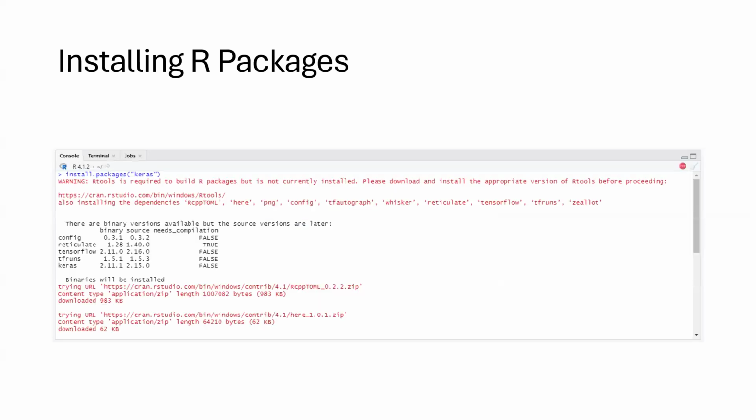In your console, if you're using the RStudio interface, you should see something which resembles this slide. What's going on is it's looking for the particular files as they exist within the CRAN repository. It's informing you as to which dependencies are necessary to be also downloaded and installed.